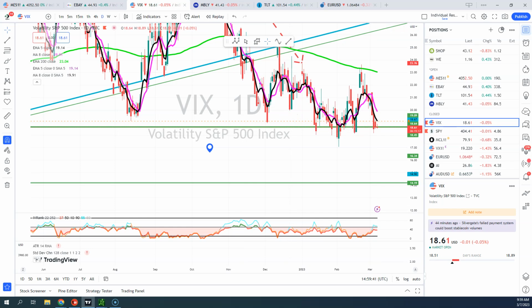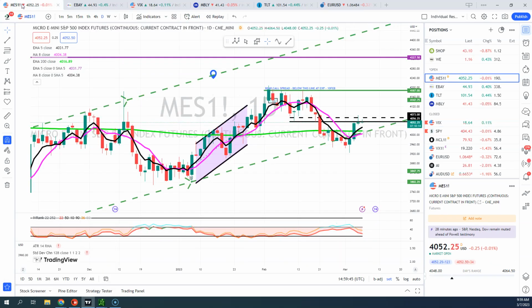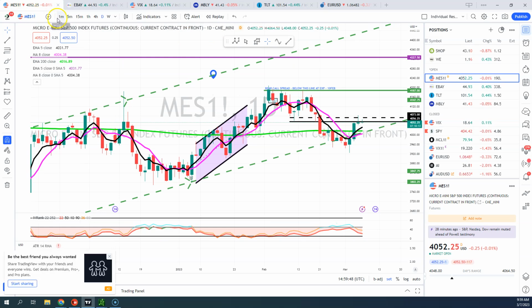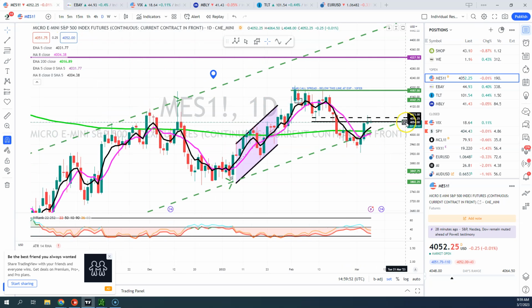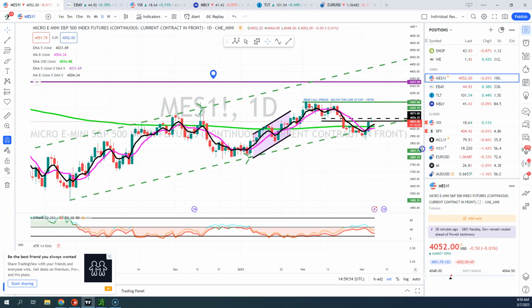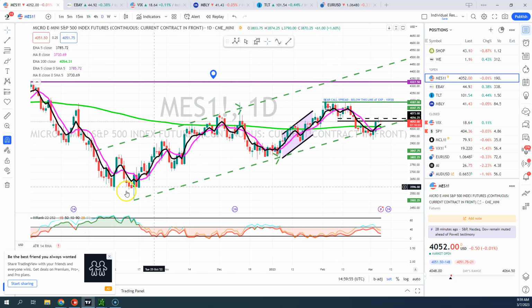In the meantime, let's go over to the micro E-mini S&P 500 futures index, and if you look at the daily chart here, we are inside of an uptrend channel. Right now we're testing the bottom end of that channel, and moving averages are crossing upward.